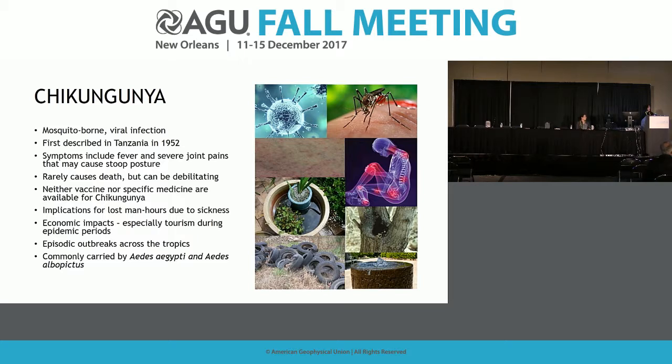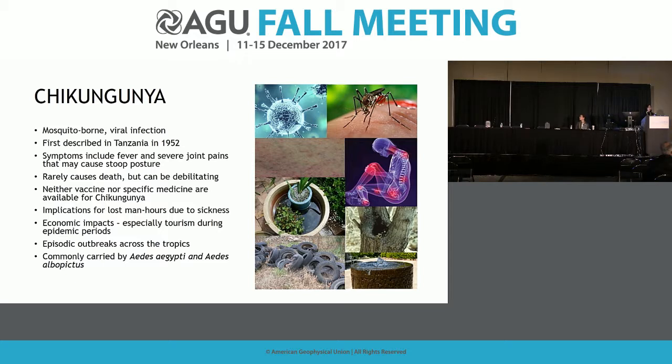Chikungunya itself means "to be contorted," which describes the stoop posture of the sufferers. Sometimes patients also present with rash, which distinguishes it from dengue. It rarely causes death, but it can be debilitating.